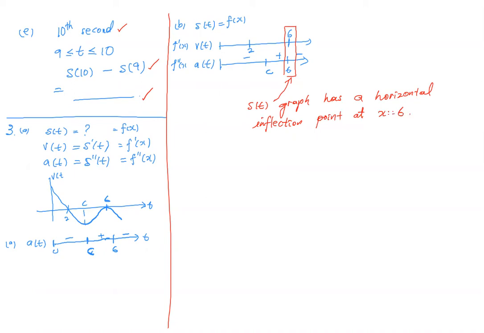So be very careful. Okay, that is how I interpret. So I know there's one horizontal inflection point at x equal to 6. Okay, so above the x-axis, below the x-axis, below the x-axis.